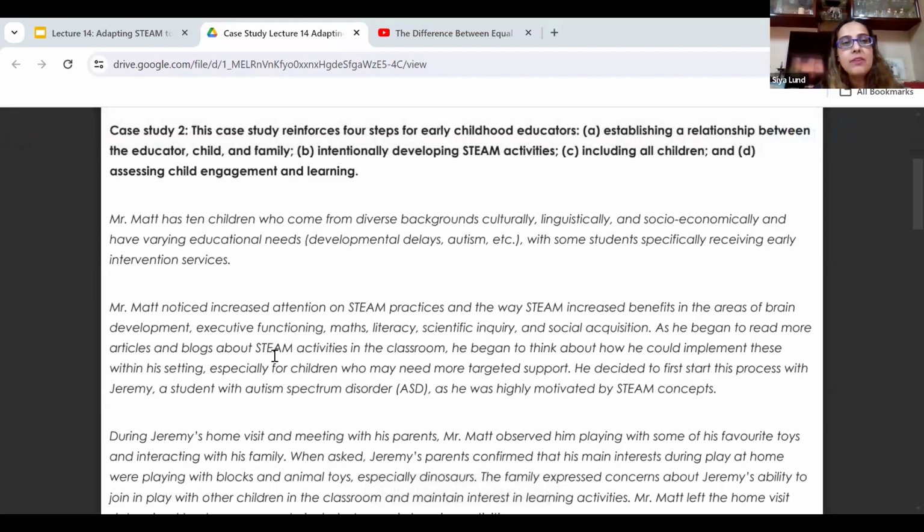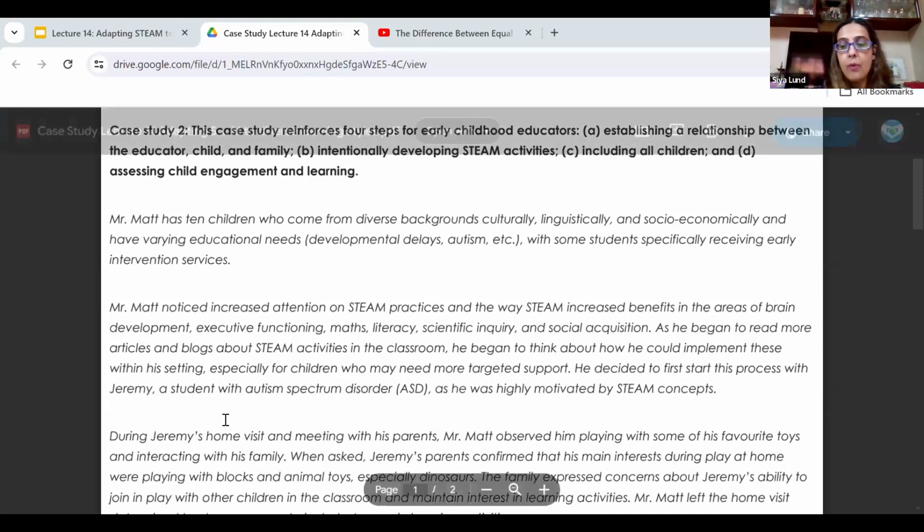As he began to read articles and blogs about STEAM activities in the classroom, he began to think about how he could implement these within his setting, especially for children who may need more targeted support. He decided to first start this process with Jeremy, a student with autism spectrum disorder, as he was highly motivated by STEAM concepts.